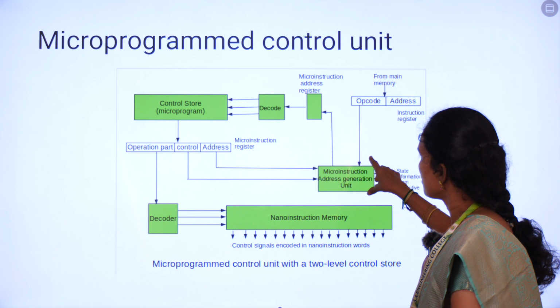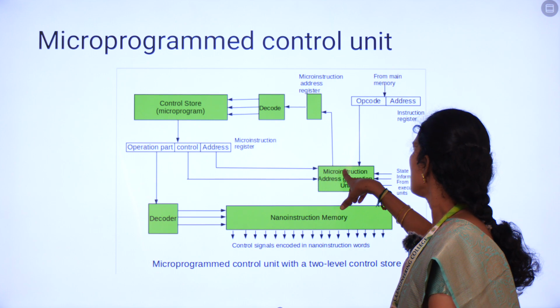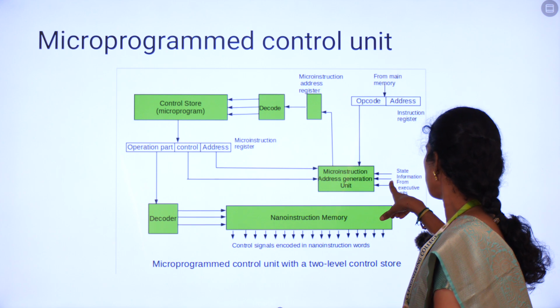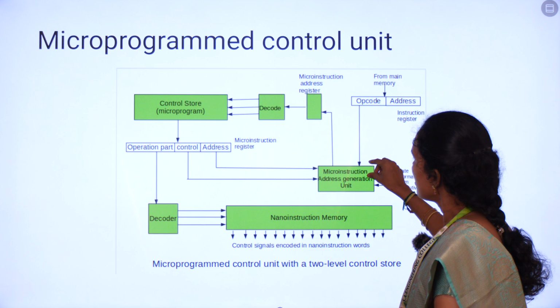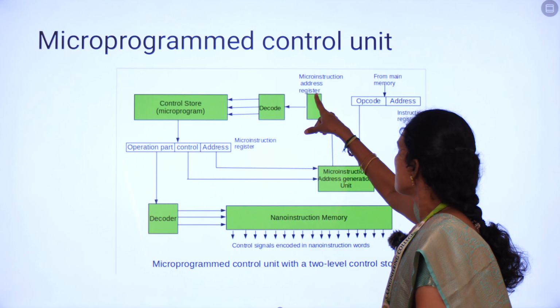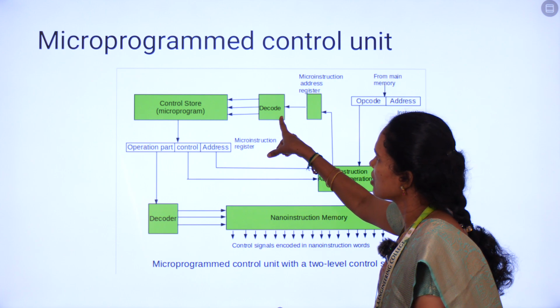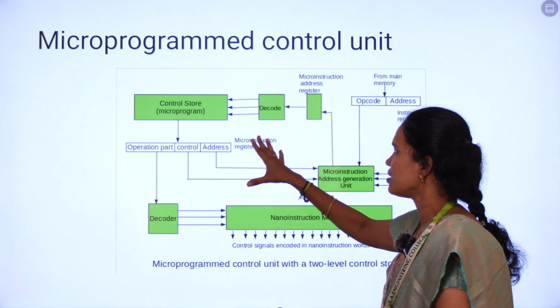But in this microprogrammed one, before decoding you go through the micro instruction address generation unit, with the help of state information from the execution unit. You give that as input, then it goes to the micro instruction address register, and only after that it is decoded, then the control is stored in the control store. So that is the main difference.